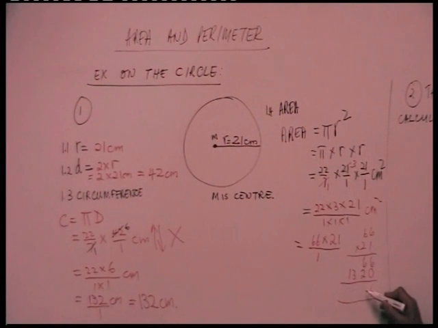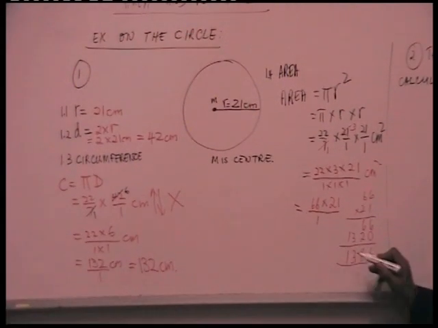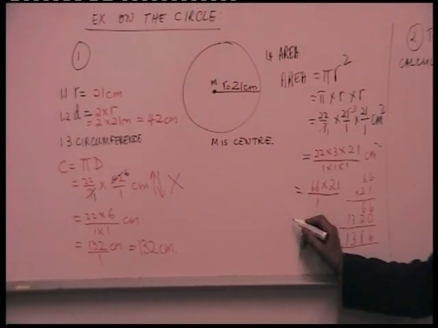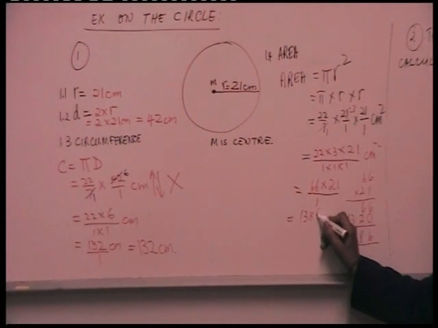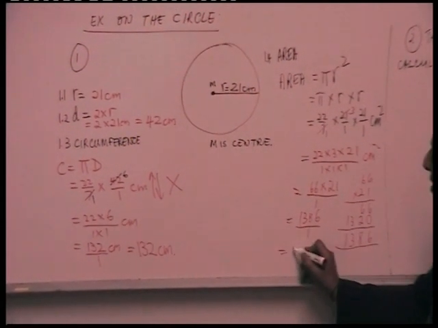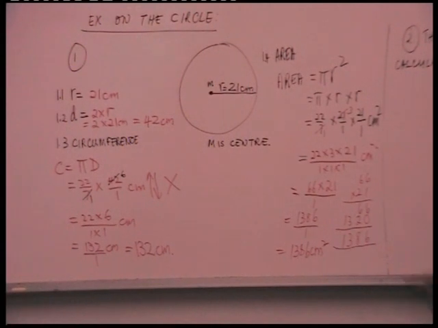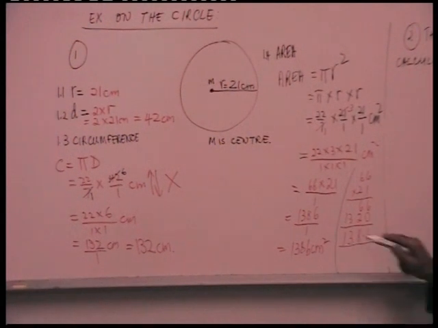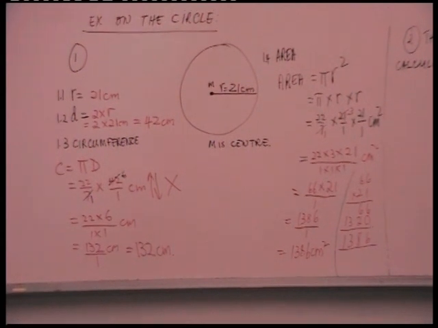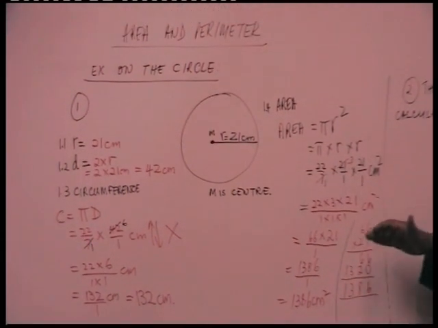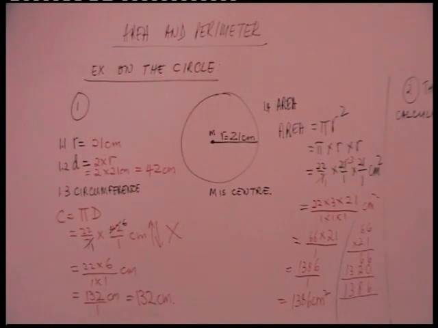Whichever way your teacher has taught it to you, you'll get 1386 over 1, which is finally 1386 centimeter squared. Alright, so this was just my rough work for 66 times 21. So you do it step by step and you get the answer.